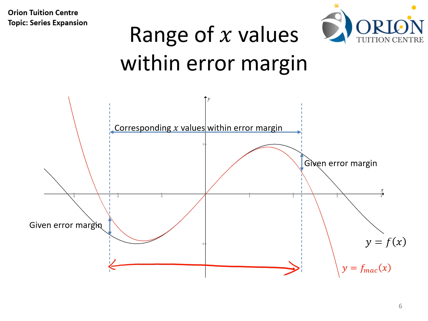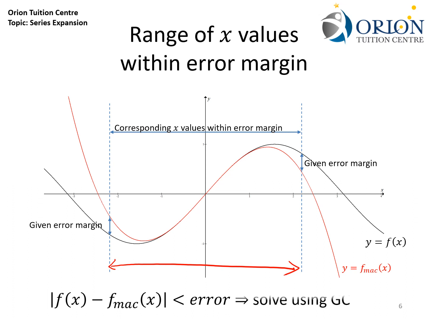And to find it, we simply have to solve this inequality where the modulus of f(x) minus the Maclaurin expansion series of f(x) must be less than the specified error. And we can solve this inequality using the GC.